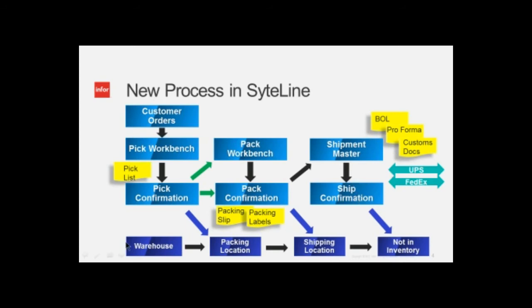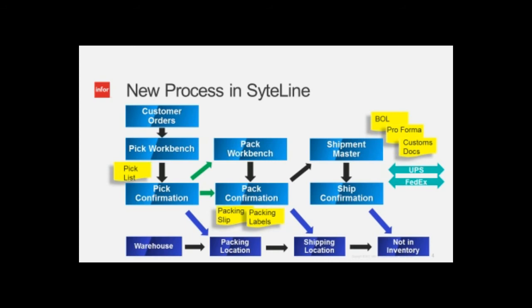And as I go through that process flow, you can see here on this bottom line now that I not only have visibility from my warehouse and then at the end where it's relieved from inventory, but I have visibility that it's in a packing location, it's in a shipping location. So as I move through these process steps, I'm able to visualize in various places or in my transaction records where my product is.